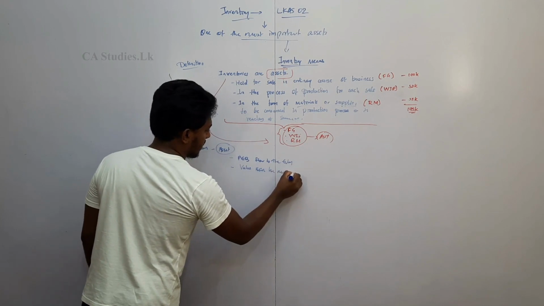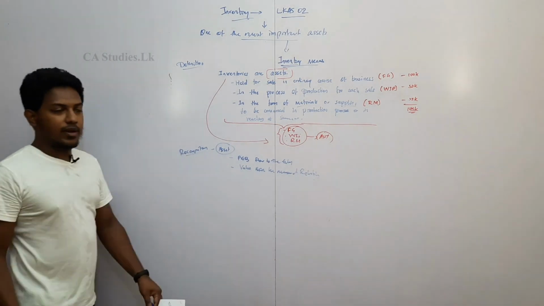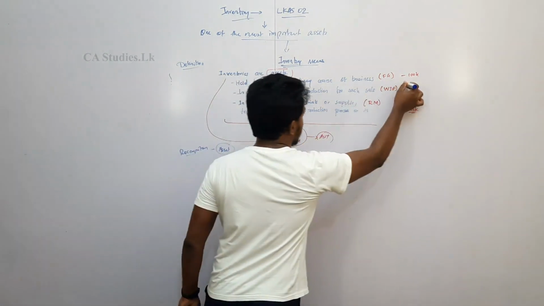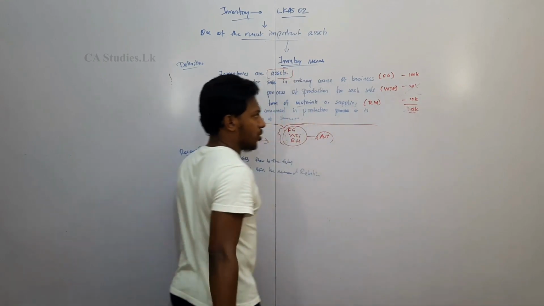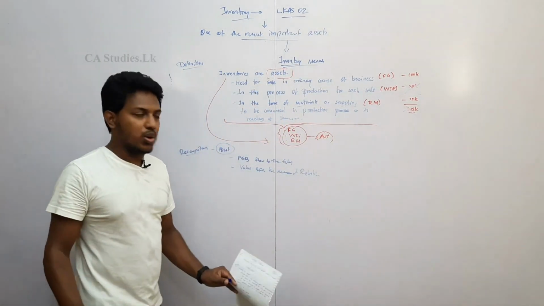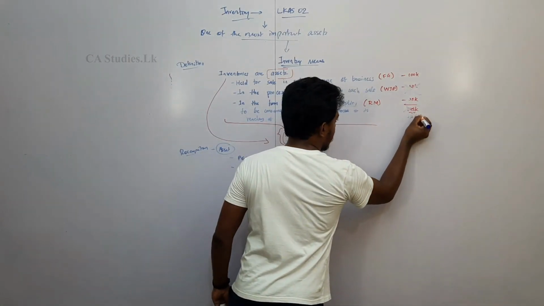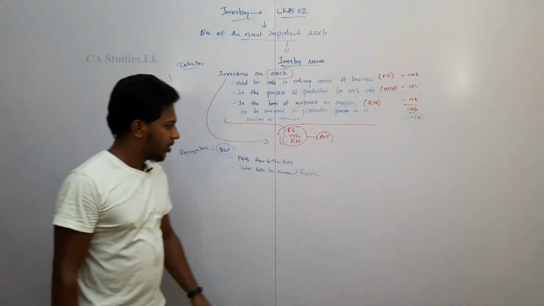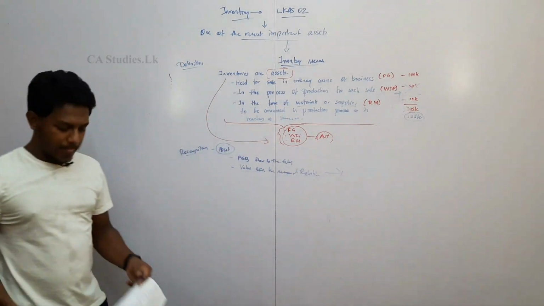If the value cannot be measured reliably, for example, if work in progress cannot be measured reliably, we don't need to show it. We cannot show it. So we have to show 1,25,000 as the inventory, right? If the value cannot be shown properly.